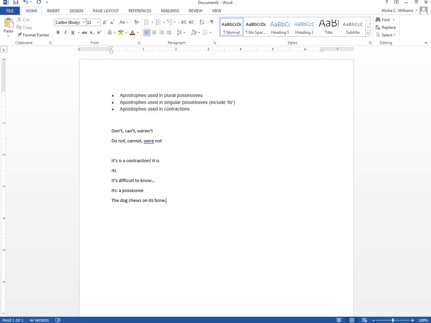So that its shows possession. Now normally to show possession, as we'll see with apostrophes used in singular possessives, you would have an apostrophe. But its is special because we already use an apostrophe for the contraction. So as not to be confusing, we make it confusing. So its with no apostrophe is possessive.